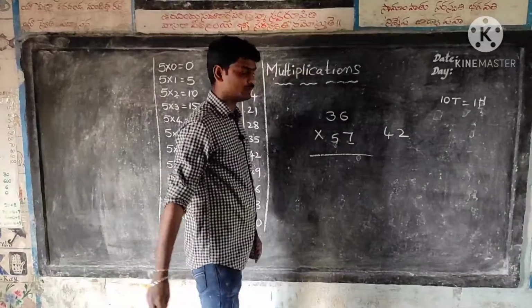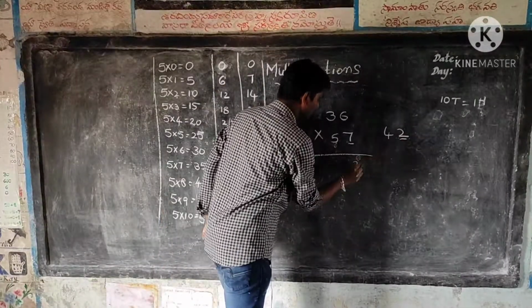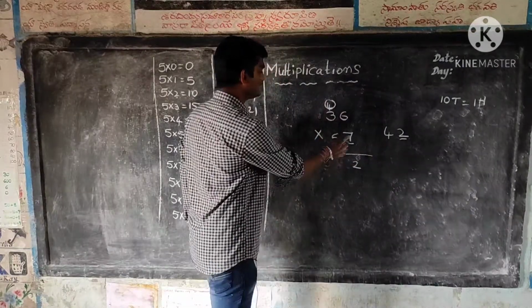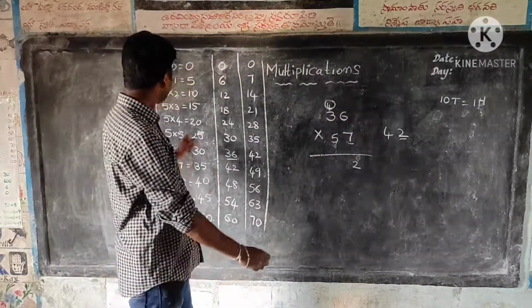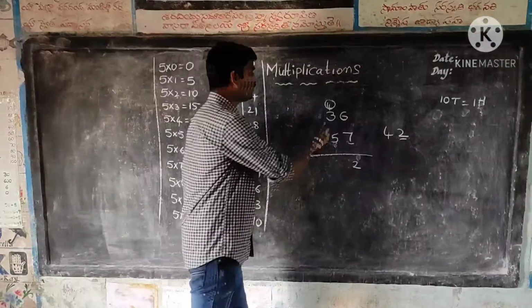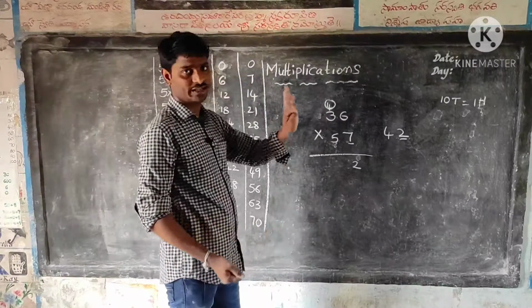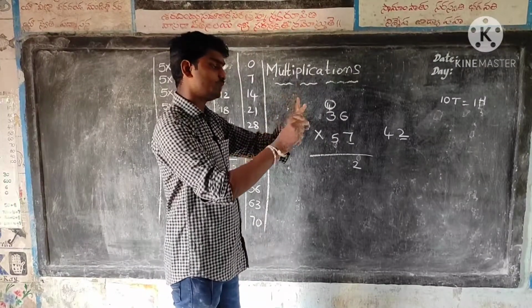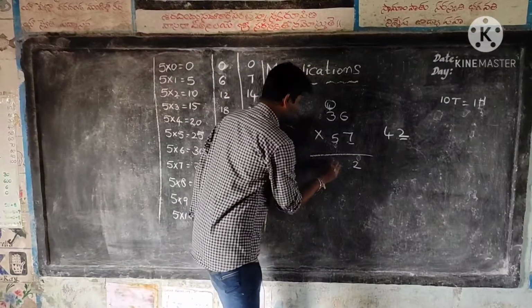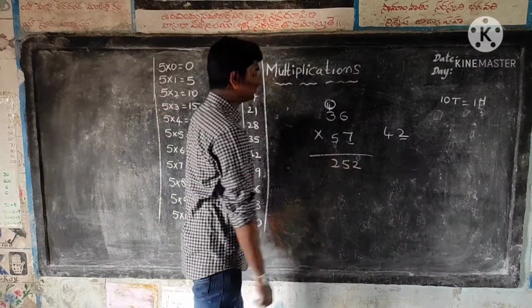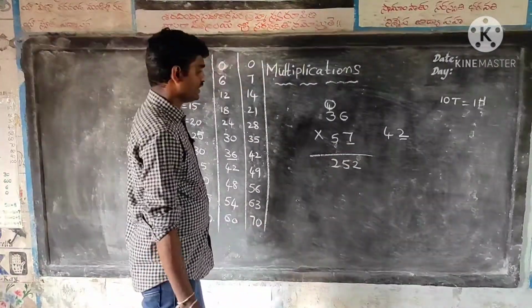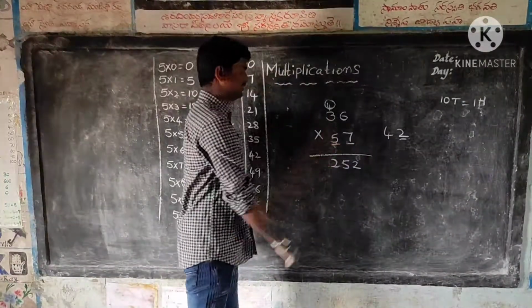So in this 42, 2 is here and 4 is the carry. 7 threes are 21. So, 21 plus 4 carry is 25. So this 7 is completed and next you take 5.